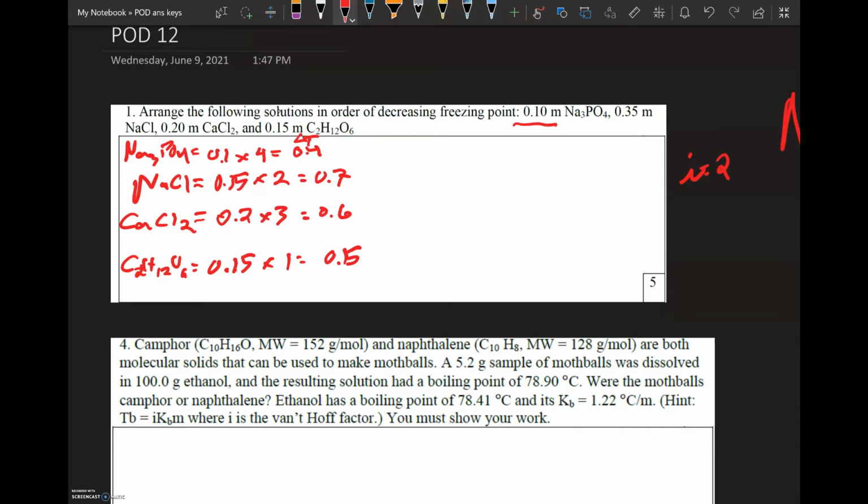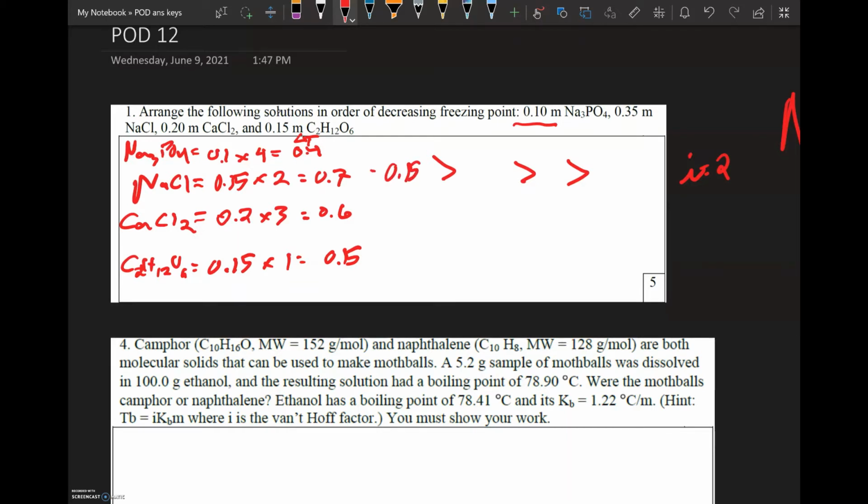So now what we want to do is figure out the decreasing freezing point. So it's going to be highest to lowest freezing point, and that's going to be based off of the delta T. So the larger the delta T, the lower the freezing point will be. So the C6H12O6 is going to give you the highest freezing point here.